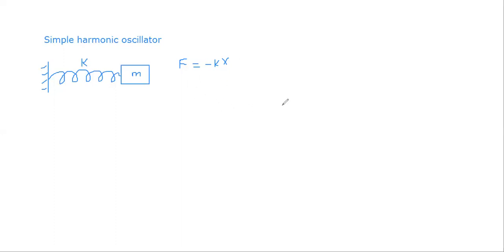Simple harmonic oscillator means that we have only this tensile force, and there are no other forces. So according to Newton's second law of motion, mass multiplied by acceleration is equal to force.